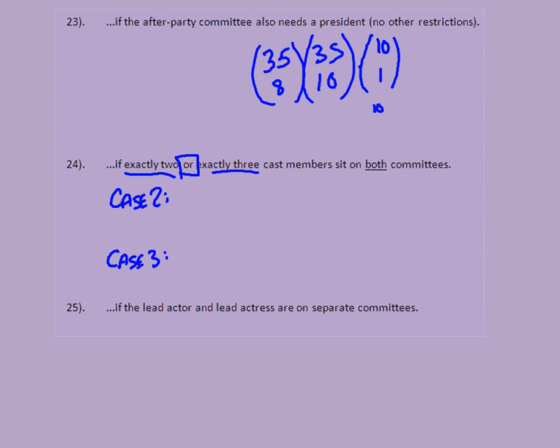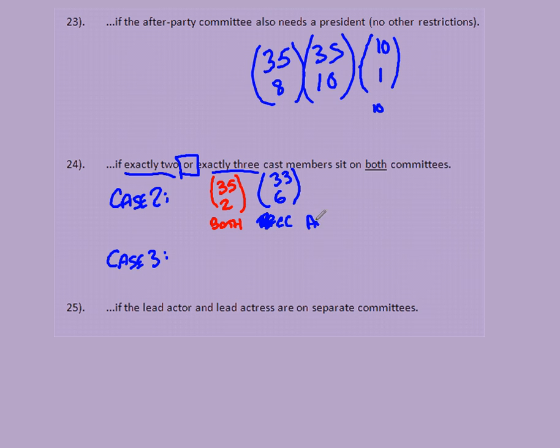So in this case, you know that there are exactly 2 people in case 2 who are on both committees. Well, let's find those 2 people. Of the 35 people, I'm going to choose 2 to be on both committees. From there, I now need to place the rest. Let's do the costume committee first, that's what we've been doing first. So there's 33 people left, and I need another 6 more to fill up the costume committee.